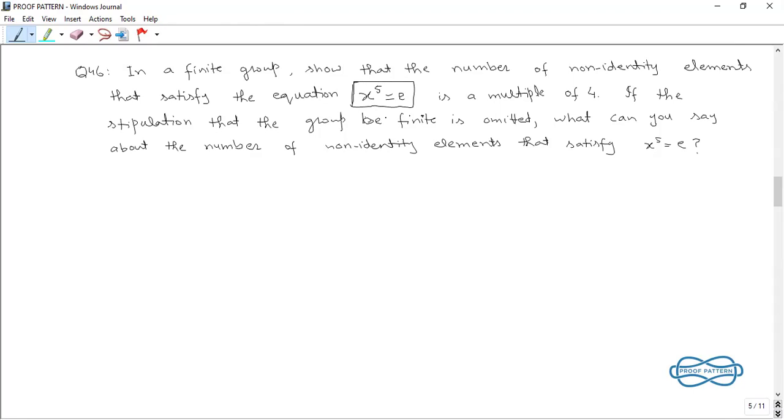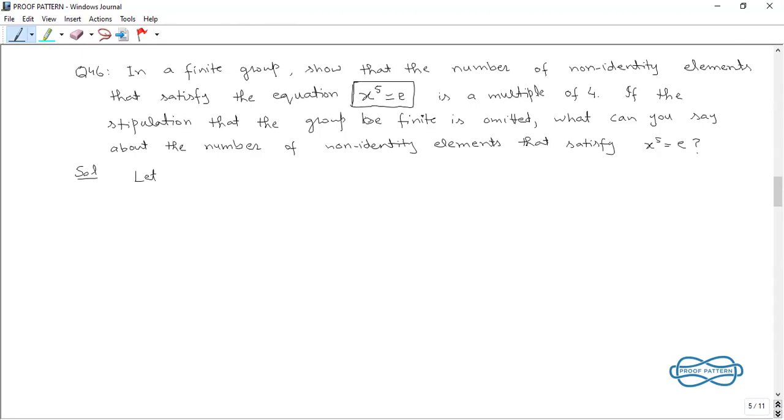And if the stipulation that the group be finite is omitted, what can you say about the number of non-identity elements that satisfy the equation x to the power 5 equals identity? Let's start the solution.